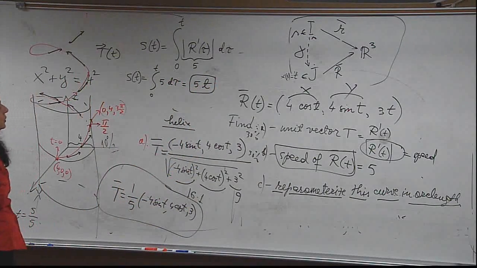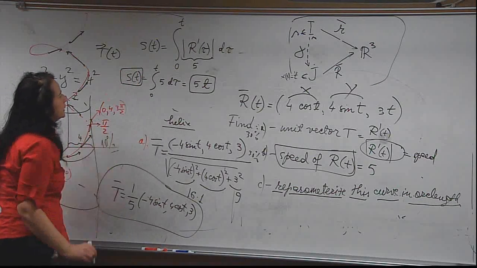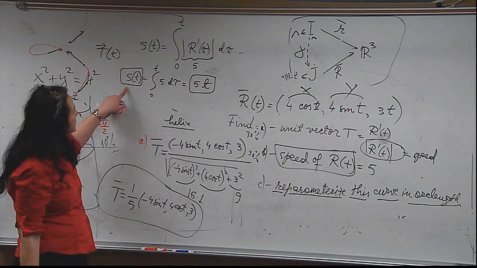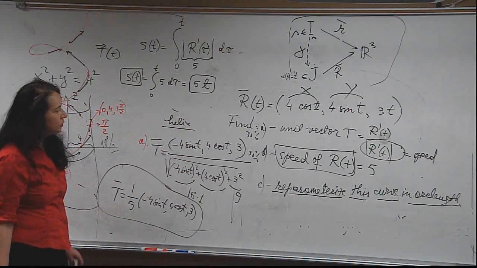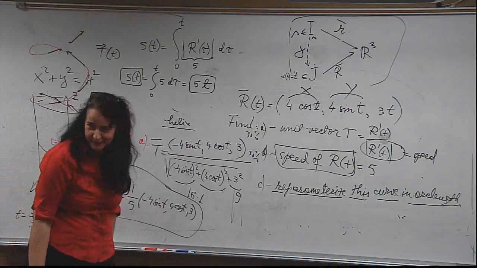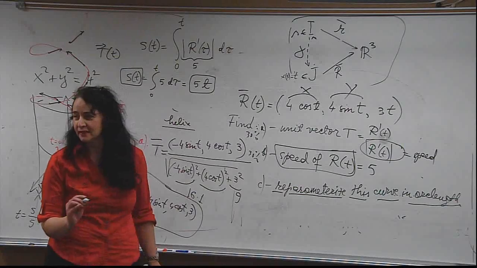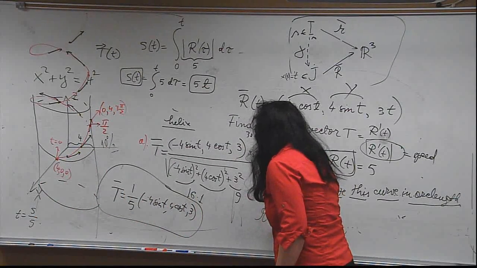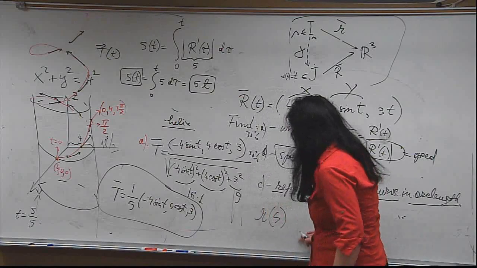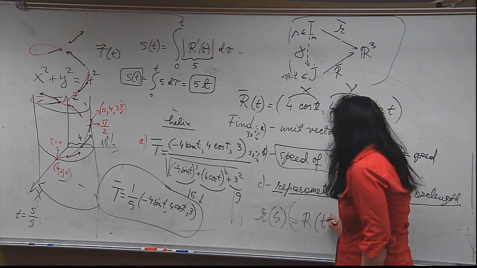5t. So if I want to reparameterize this helix, keeping in mind that s is simply 5t, what do I have to do to get 100% on this problem? All I have to do is say little r of s, which represents actually big R of T of s.